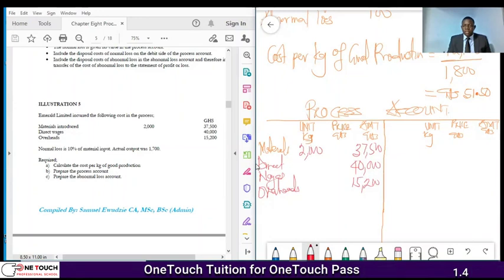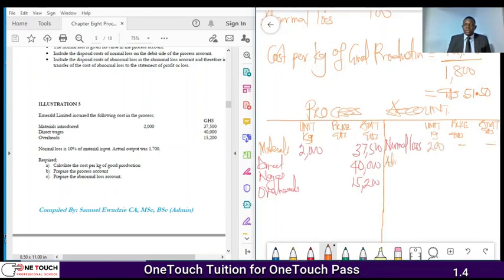And you have what? Normal loss. You have a normal loss of 200 at a nil value.